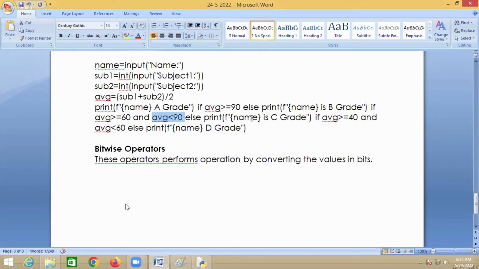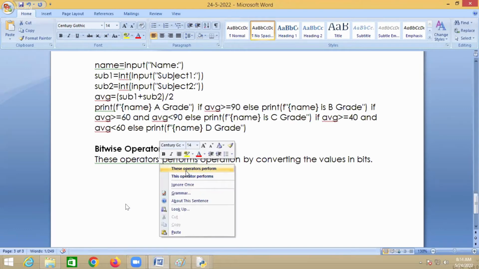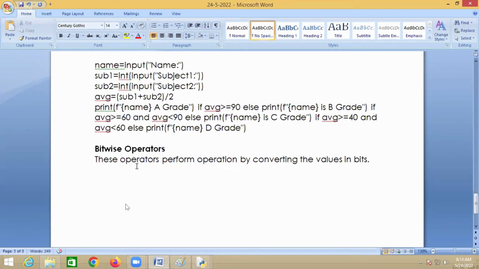And here also, average less than 60 is not required, because what I'm checking is in between: greater than or equal to 60 and less than 90. Anyway the first condition is checked first, so writing less than 90 is not required.